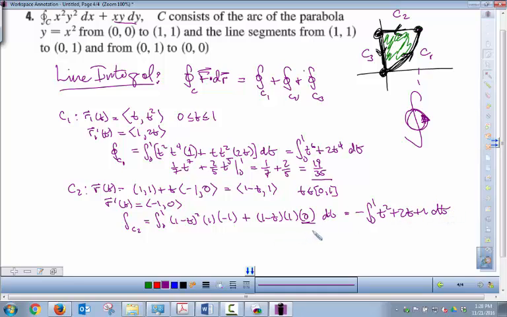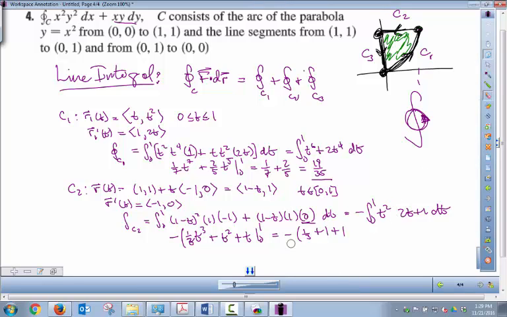And then we integrate that. 1/3 t cubed minus t squared plus t, evaluated from 0 to 1 with a negative in front. So that's a 1/3 plus 1 plus 1. Wait, is it a plus 1? Sorry, going too quick here. The middle term's negative, right?